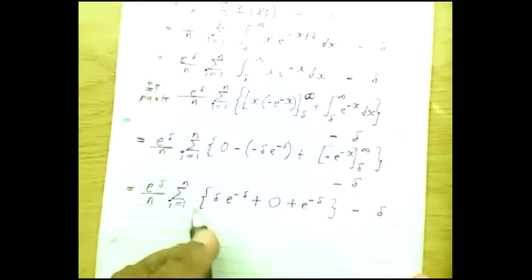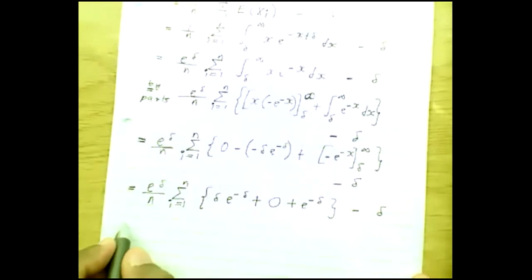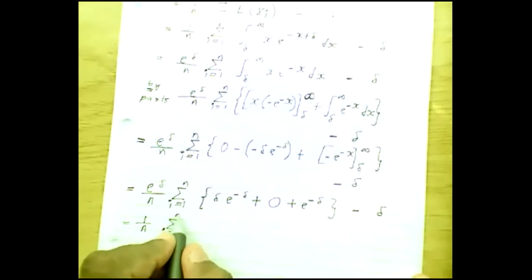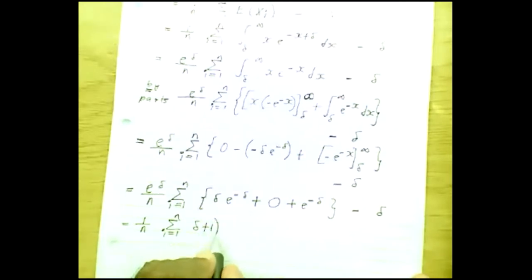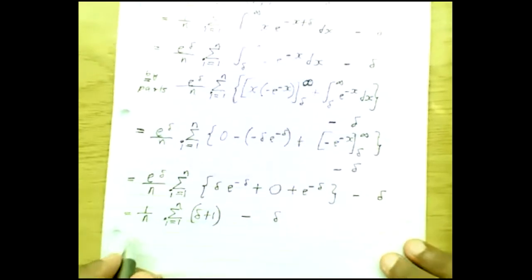Now you can multiply across by this term, so you get 1 over n times the sum from 1 to n of delta plus 1 minus delta.